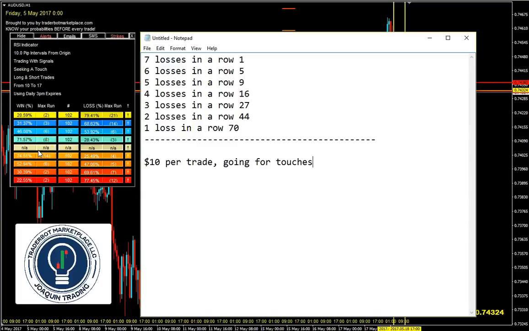So if you buy it for 10 and it gets to 50, how much did you make? 40. Okay. So $10 per trade, going for touches, taking profit at 50.